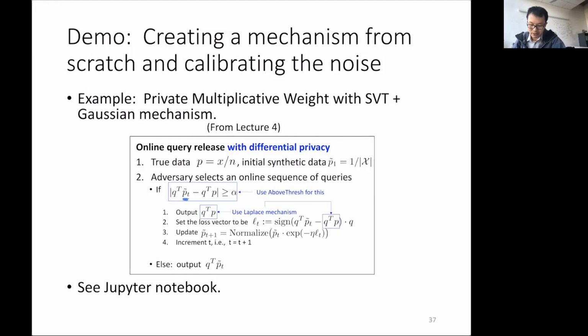If it passes this screening rule, it means that your synthetic data set is not very accurate, and in this case we use the Laplace mechanism to release the actual answer to that query on the actual sensitive data set. So we've analyzed this for the Laplace mechanism, but now let's see how easy it is to use AutoDP to analyze a version of the private multiplicative weight algorithm where we replace Laplace with Gaussian.